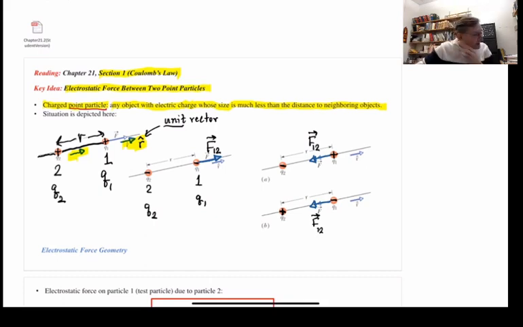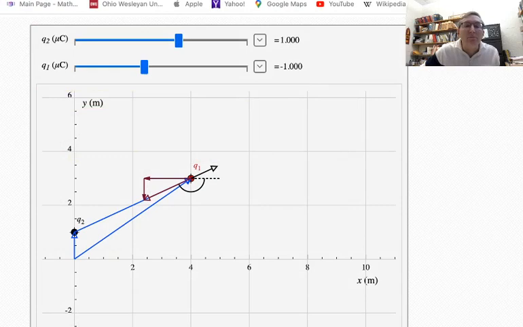So what I want to do next is look at a Wiley Plus animation, which is right here. And I want to talk a little bit about what that shows. Okay, so let me get that visible. It shows two charged particles, 1 and 2, with charge Q1 and charge Q2. Those charge amounts are set by those little sliders at the top.